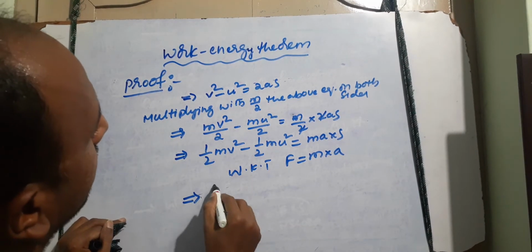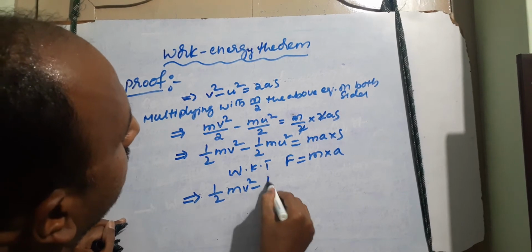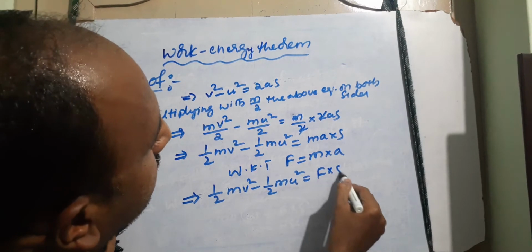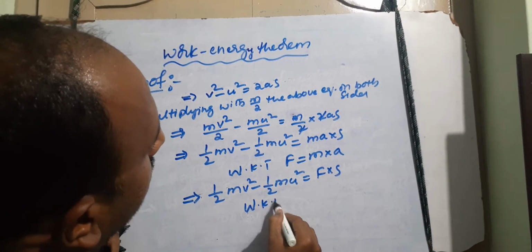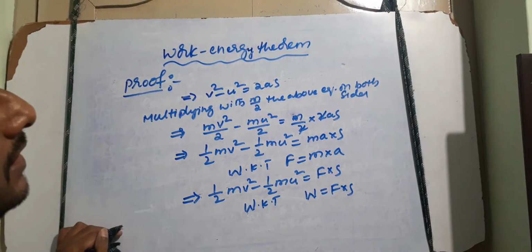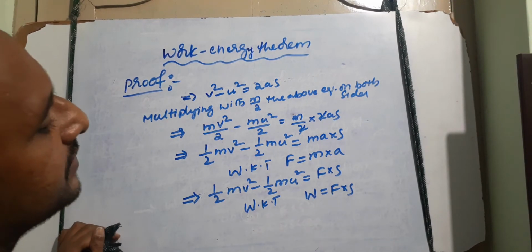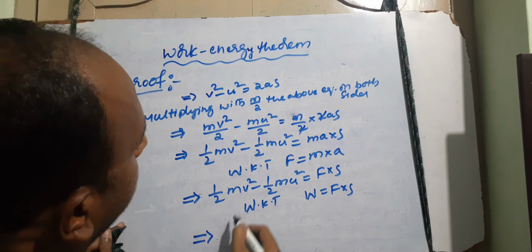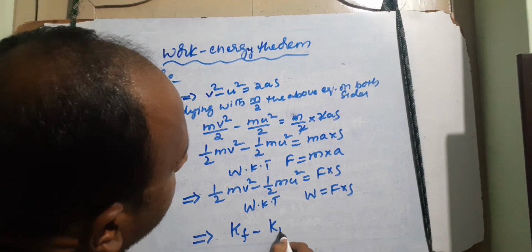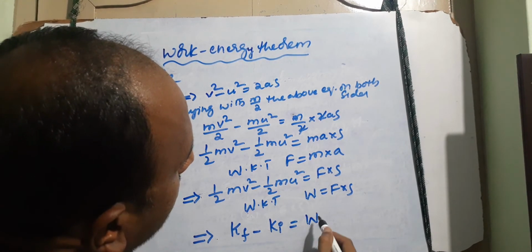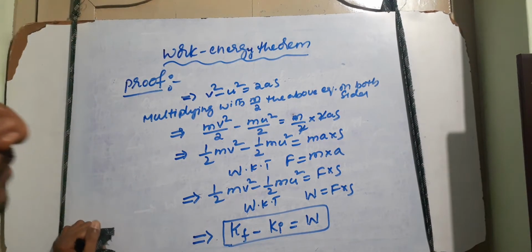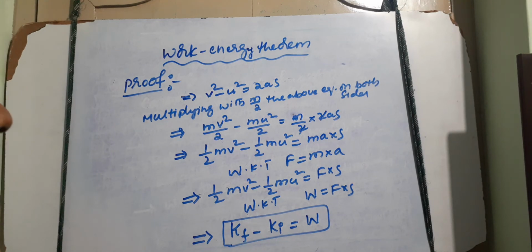So the above equation can be written as half m v square minus half m u square is equal to, in place of ma, we can write F into S. We know that work done W is equal to F into S, and here the particle has moved in the direction of applied force, so we are using F into S. So this is half m v square, the final kinetic energy, minus half m u square, the initial kinetic energy, and F into S is W. So the change in kinetic energy is equal to the work done on the particle. Hence the work energy theorem is verified.